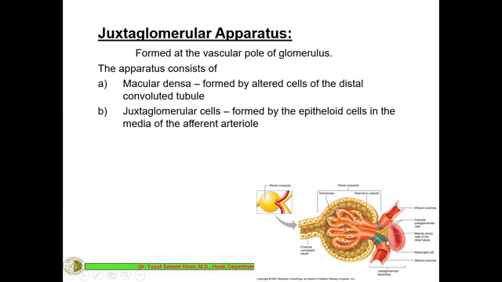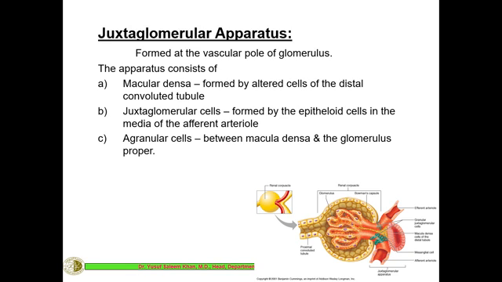Juxtaglomerular cells are formed by the epithelioid cells in the media of the afferent arterioles. These are the tunica media of these vessels, which will have some cells which have modified themselves into epithelioid cells, and these epithelioid cells will come very close to the macula densa, which are the altered cells of the distal convoluted tubule.